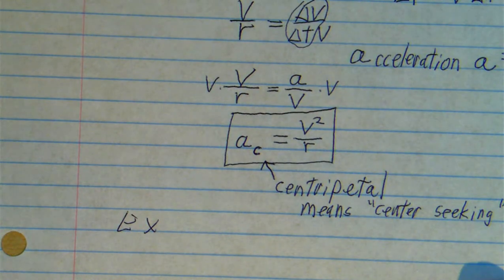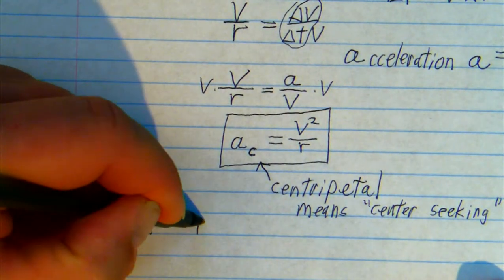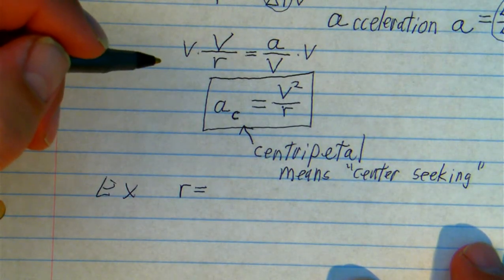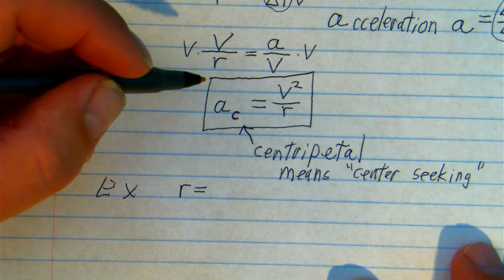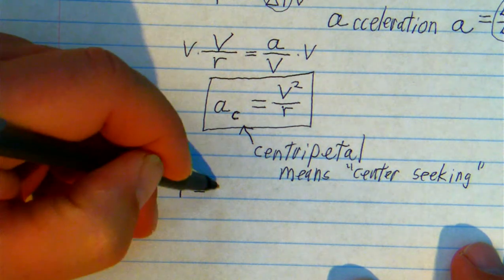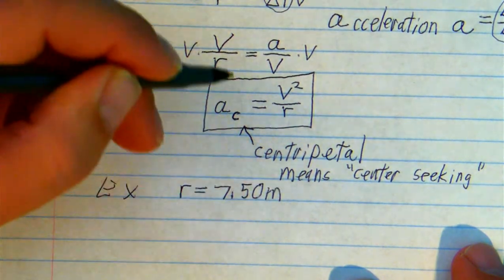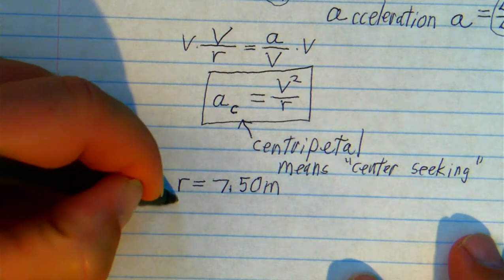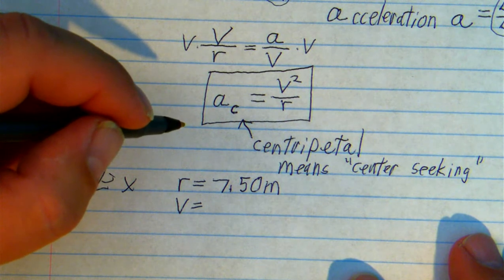Say Fabian, well, give me the radius of some random circle. All right, 7.5 meters. And I'm going to add a little zero. And at what speed is the object moving? Dylan M.